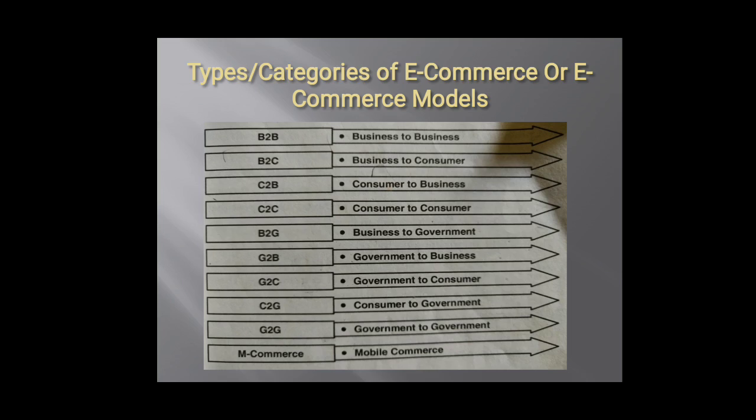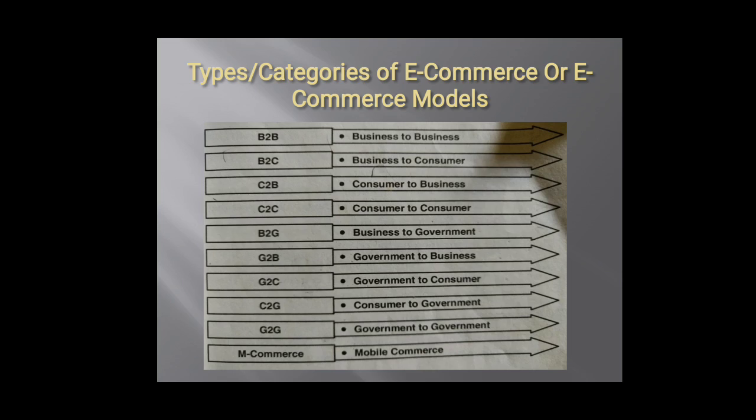For the facilities of the consumer, the consumer is paying to the government. Next is government to government, any e-commerce transaction happening between two or more governments or within departments of a government. So it can be two different countries governing and doing business over a handshaking process, which can be termed as government to government.